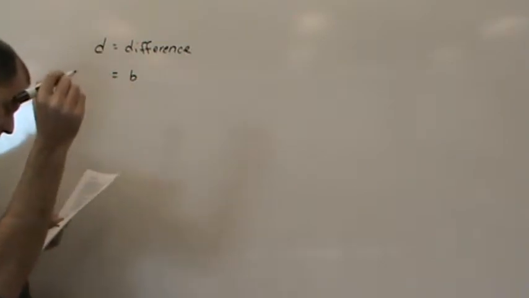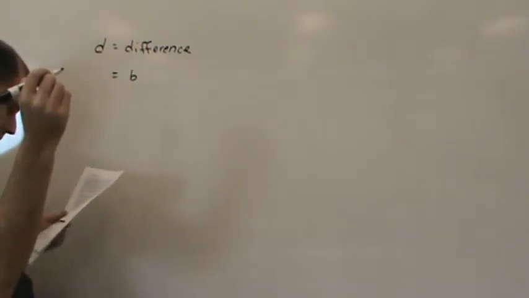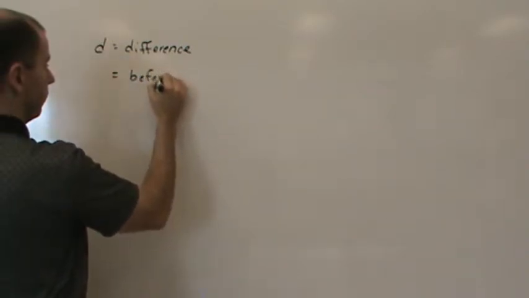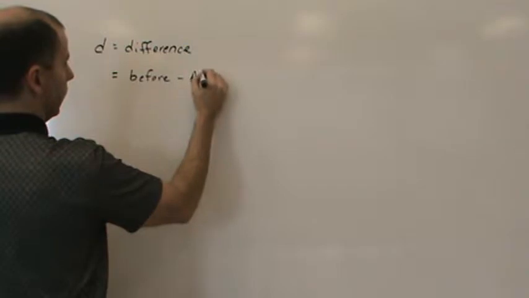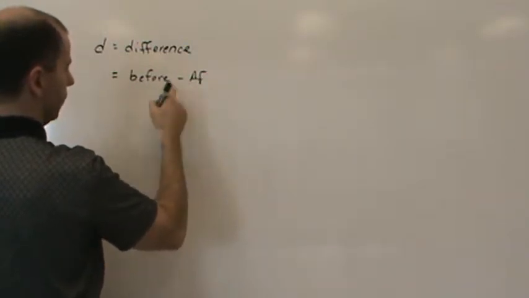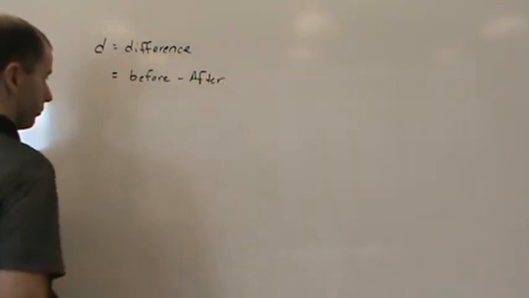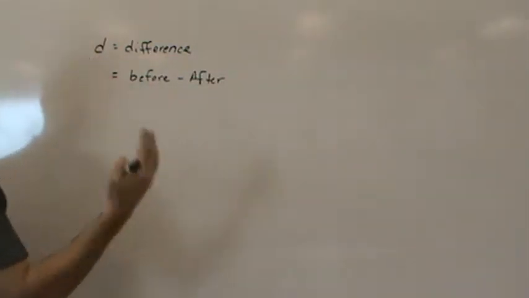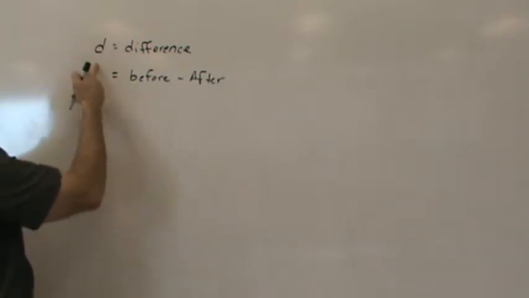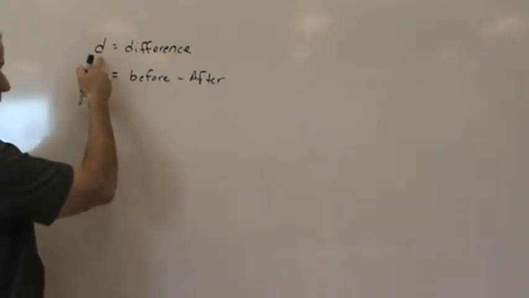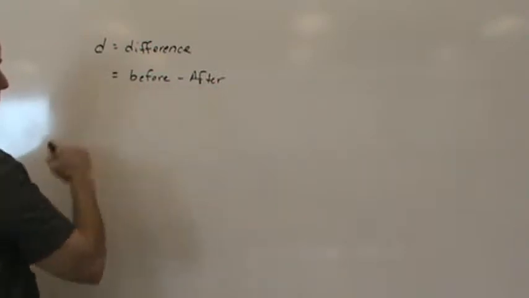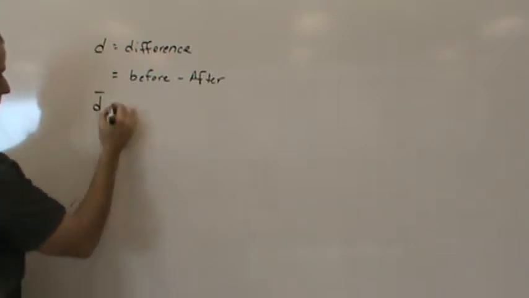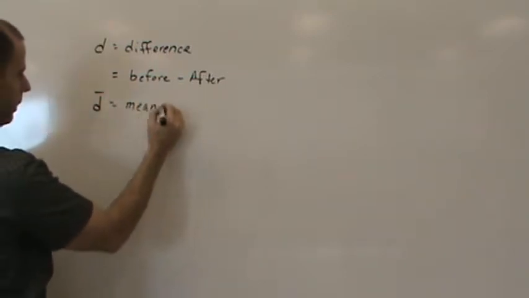Yes, before minus after. It really doesn't matter which direction as long as you're consistent. So we define the difference between the two samples for each individual as D, and each person is going to have a difference, a before minus after. Then we take the average of those differences and call it D bar, the mean difference.